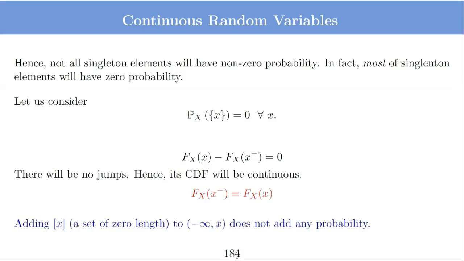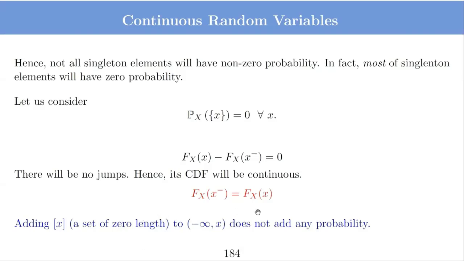Because of this continuity, the probability of the open and closed sets is the same, so adding a singleton set x does not add any probability. You can also prove that adding a countable number of singleton sets does not add any probability either. So a set of zero length does not add any probability.